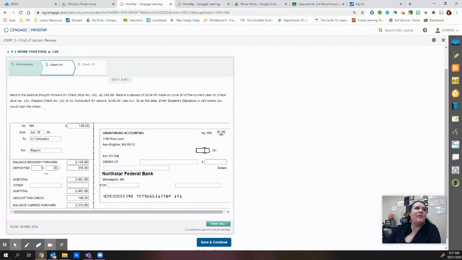Okay, now we go and we're going to write the check, June 30th. And this is to A1 Computers, remember? And $148. So right here in the line, we're going to put 100 and 148.